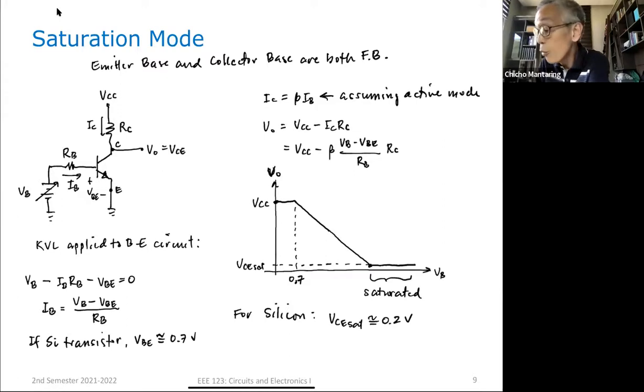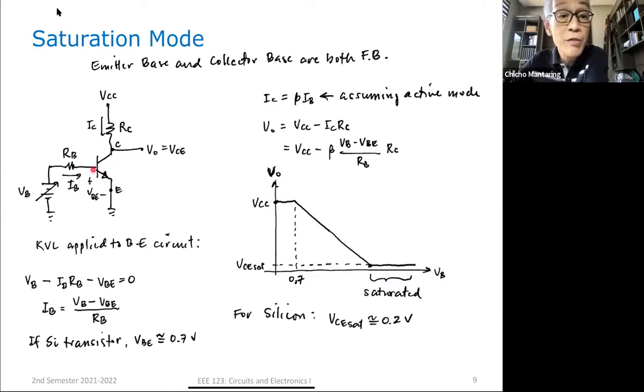Okay. Now, when does this happen? As V sub O is decreasing, that is, as VCE is decreasing, so as the voltage between collector and emitter gets smaller, this one is becoming less and less reverse biased. No?